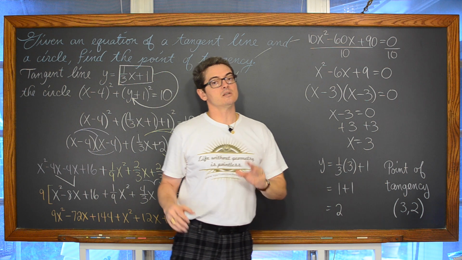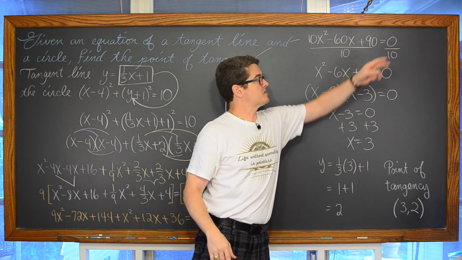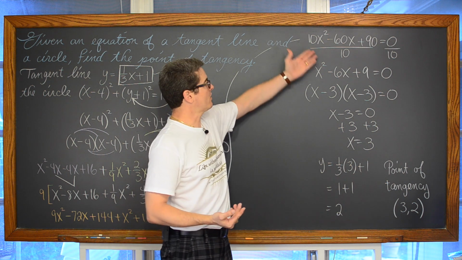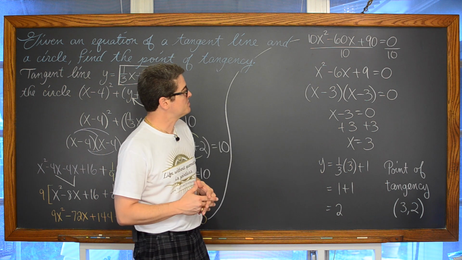All of these terms end in a 0, so all of those terms are divisible by 10. We divide both sides of the equation, or every term of our equation, by 10. We get x squared minus 6x plus 9 is equal to 0.